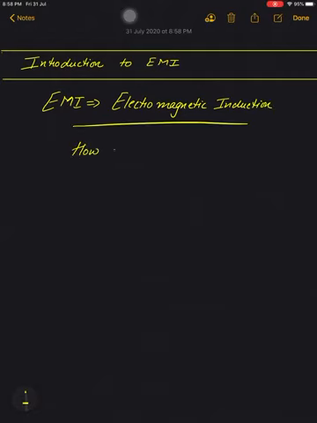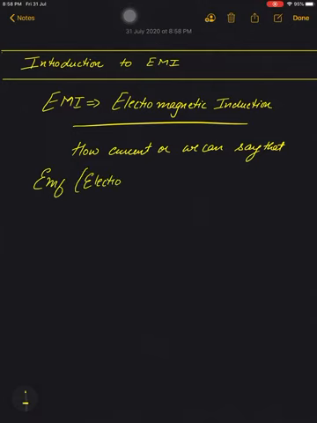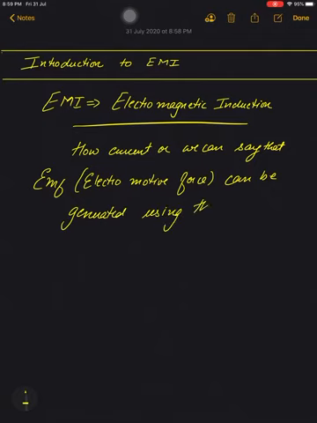So in this chapter we are just going to understand how current, or we can say EMF, which is called electromotive force, can be generated using the magnetic field.